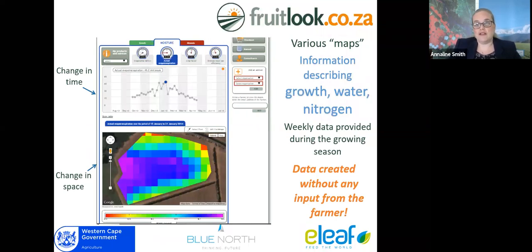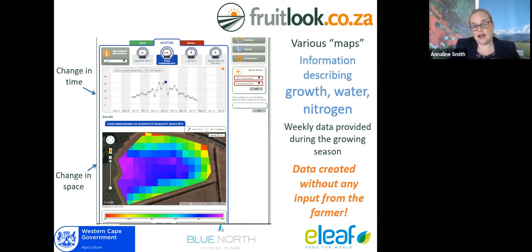When we click on a name and the map opens up, you'll see that it gives you a change in time, which is that graph, but it also gives you a change in space, and that is those spatial maps. Every single dot on that graph is represented by a map at the bottom.